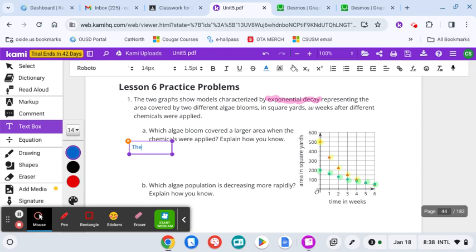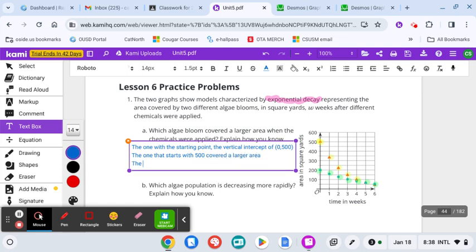So we can say the one with the starting point, the vertical intercept of (0, 500), or the one that starts with 500, covered a larger area, or the triangles, however you want to say it.